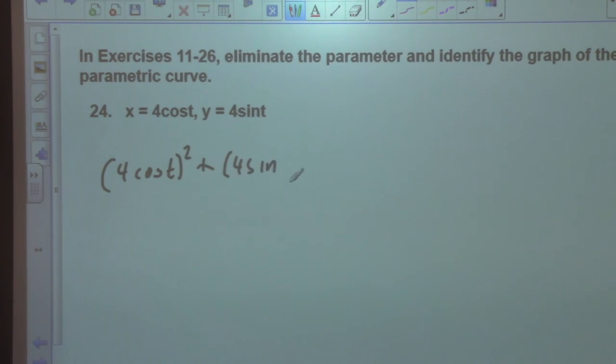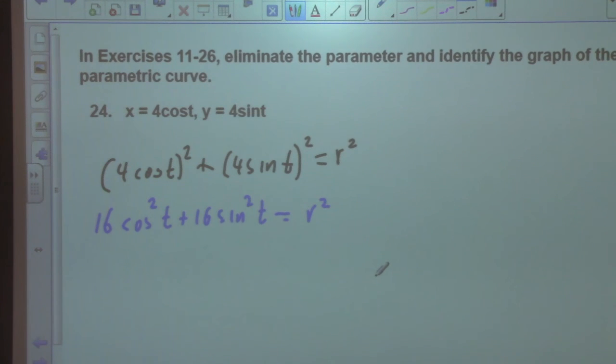Does this look familiar? Yes. Equals r squared, like that? Yes. Okay, so we're good now. So that's going to be 16 cosine squared t, right? Plus 16 sine squared t equals r squared. Is that right so far?